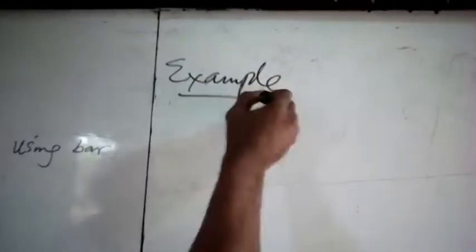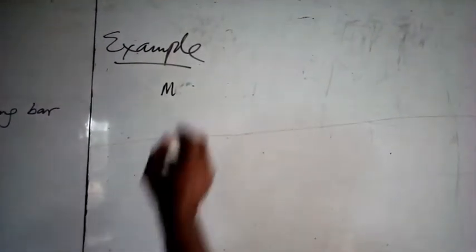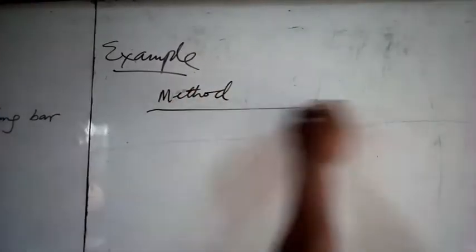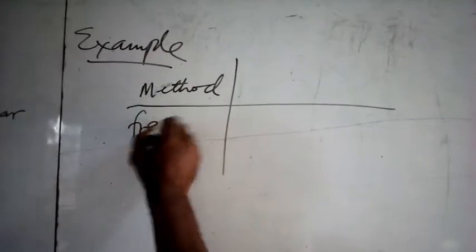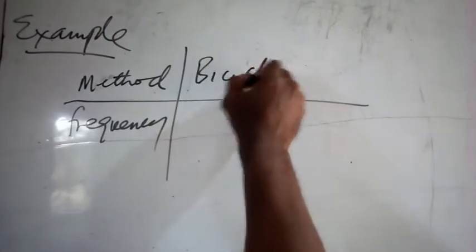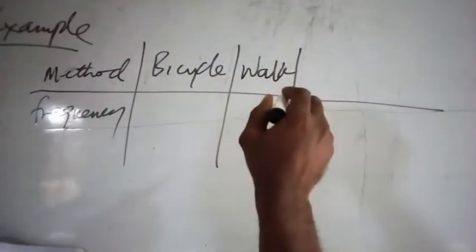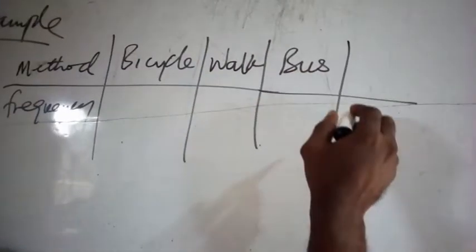Example. Let me just take one example. Now, remember, we did something about mode of traveling to school. Let us still use that example. Method of traveling to school. Now we have frequency. We have bicycle, those that walk to school, those that use bus, and those that use cars.